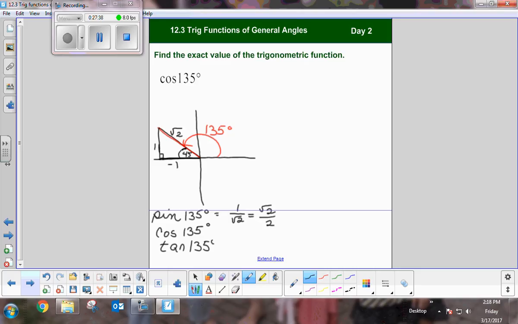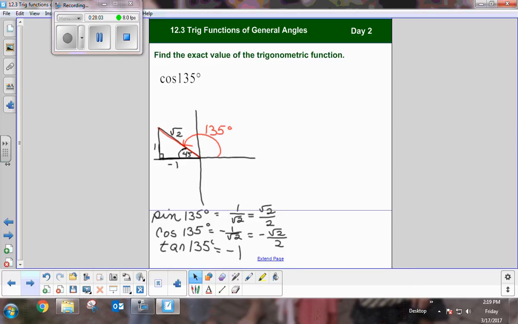The cosine of 135, in this case, is going to be -1 over the square root of 2, which is negative the square root of 2 over 2. And the tangent is -1, opposite over adjacent. And again, we see that only the sine was positive here in the second quadrant.